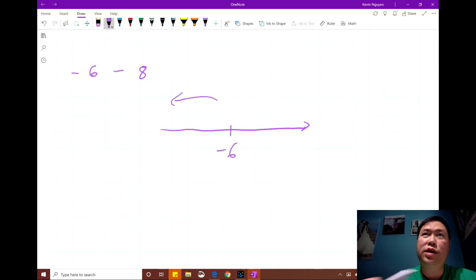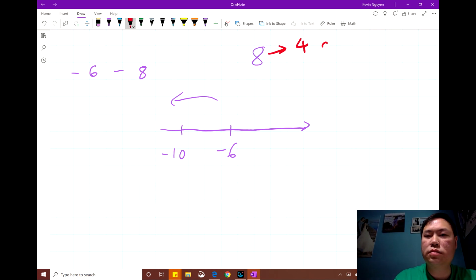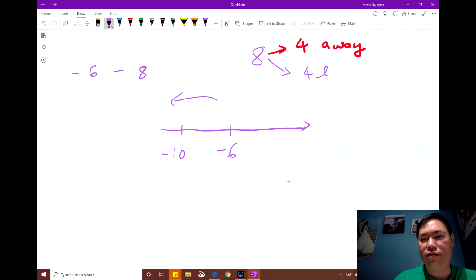Okay, all right, so from -6, how many more do you have to move to make to a 10? In this case, -10. So we go from -6 to -10. That would be 4 more. So with 8, you're going to move away 4. So how many more do you have left to move away? Right, 4 left.